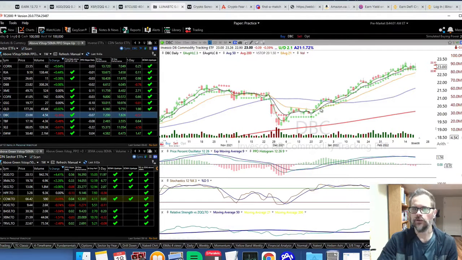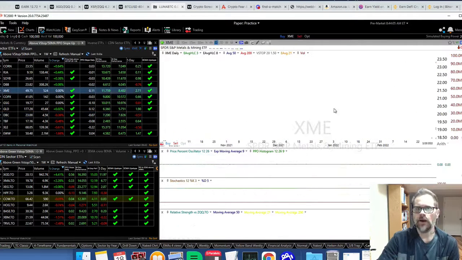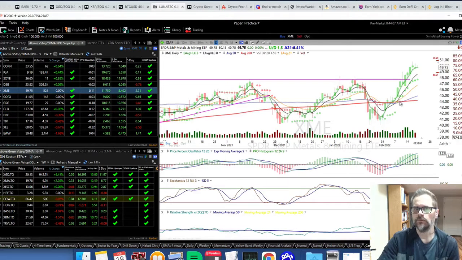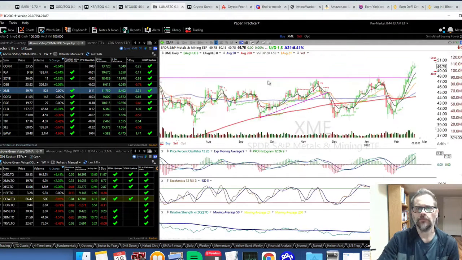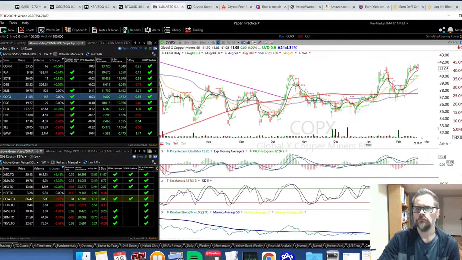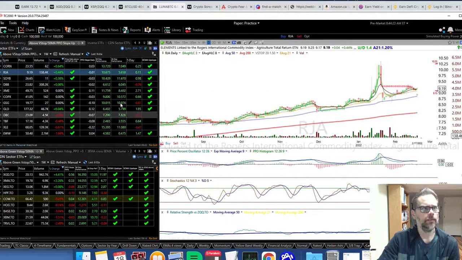That's what you ideally want, a really nice run up like that. Metals and mining, like copper, is in a nice uptrend. It's broken above a bunch of these resistances. So there's some commodity stuff. RGA is another commodity.